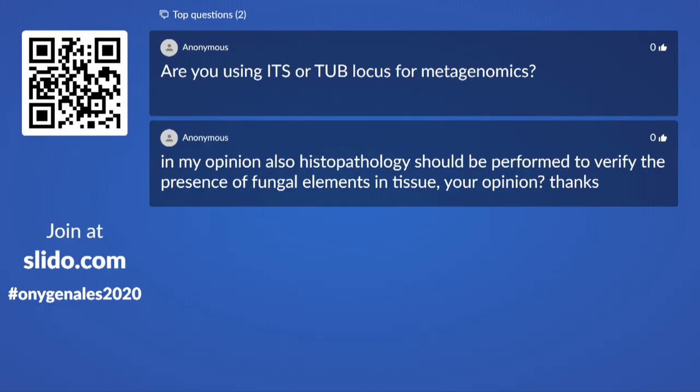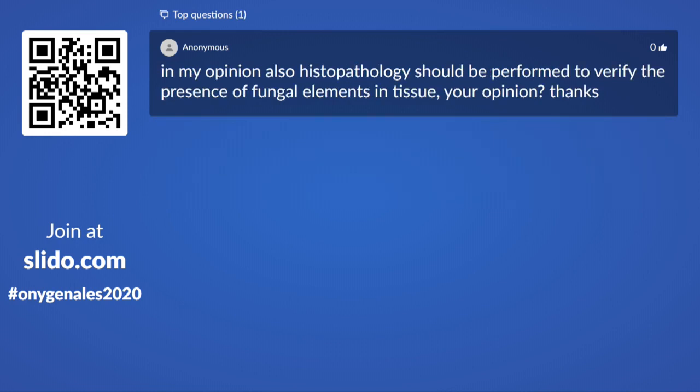Okay. There's another question. In my opinion, histopathology should also be performed to verify the presence of fungal elements in tissues. Your opinion? Thank you for the question. It's a very important remark.